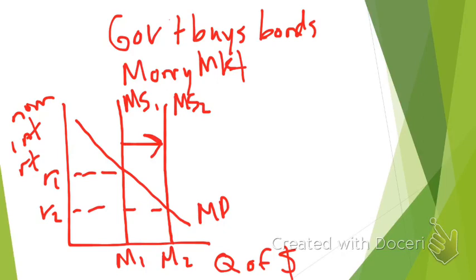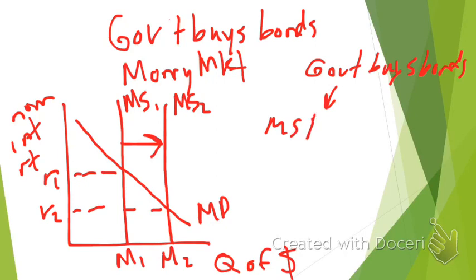So the chain of events: the government buys bonds. Okay, that's going to increase the money supply, right? And then when the money supply goes up, interest rates go down. When interest rates go down, investment increases. When investment increases, aggregate demand goes up.